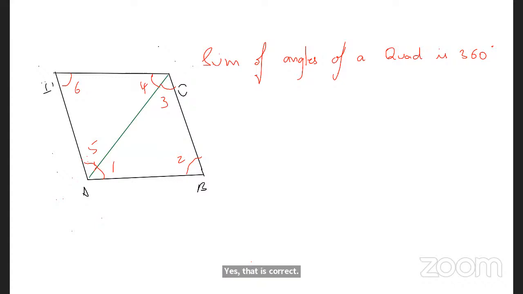So if I take a look at this triangle, that is triangle ABC, what will be the sum total of the angles? 180 degrees. So I can write angle 1 plus angle 2 plus angle 3 equals to 180 degree. This is the first equation.